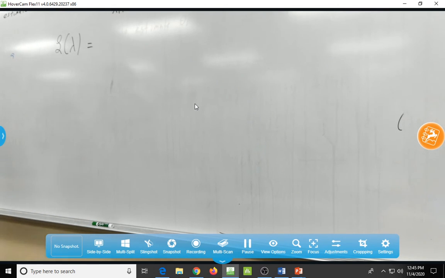Thinking of this as f of x, suppose I take the natural log of f of x. This is going to be the natural log of e to the minus lambda, plus the natural log of lambda to the x, minus the natural log of x factorial.